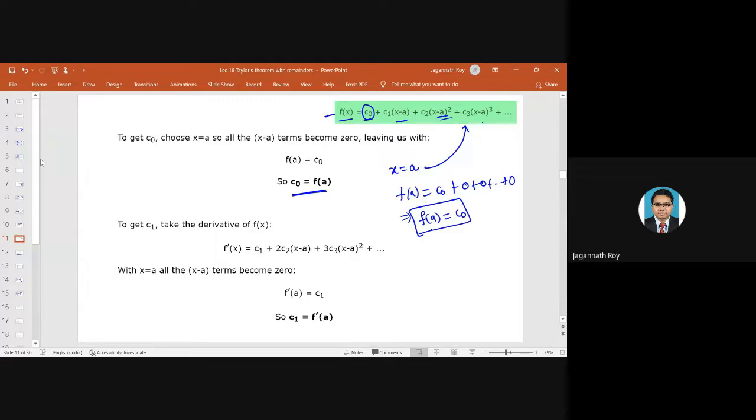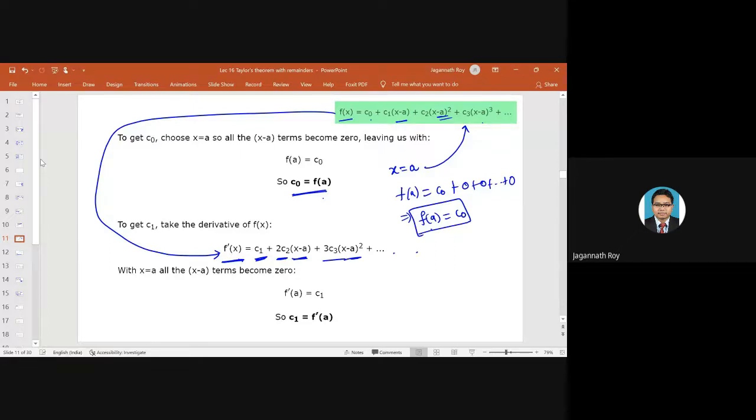Similarly, if you take the first order derivative, f dash of x is c1, since c0 is a constant term and its derivative is 0. Then after that, 2 times c2 into (x minus a) plus 3 times c3 into (x minus a) whole square.